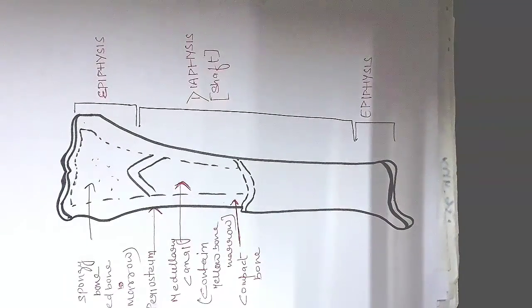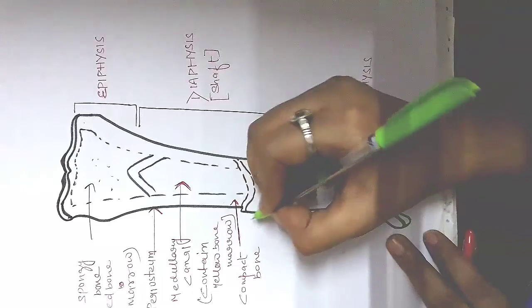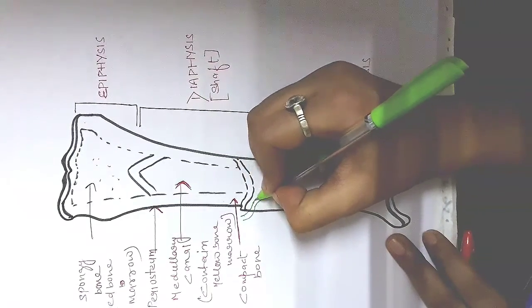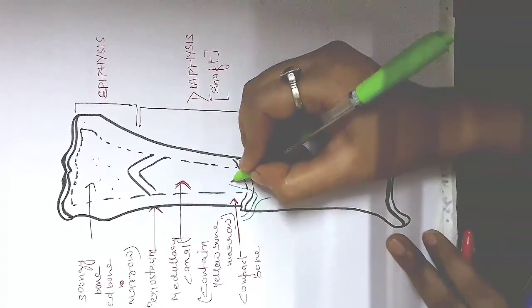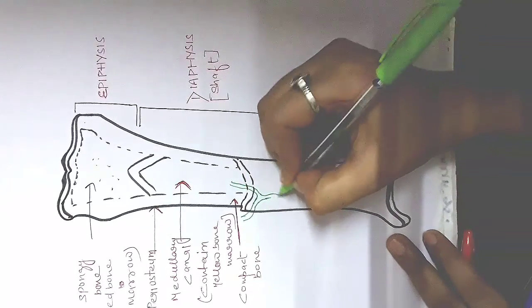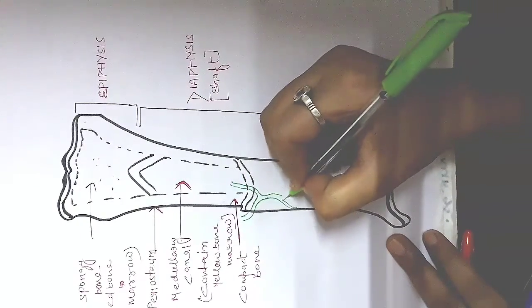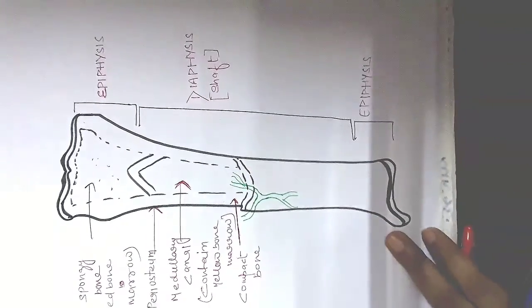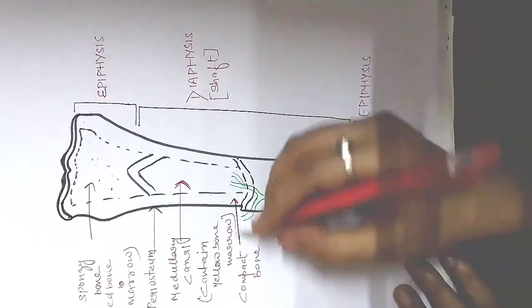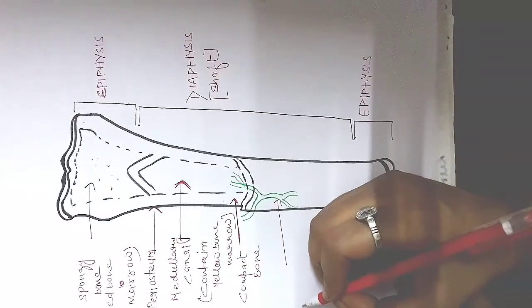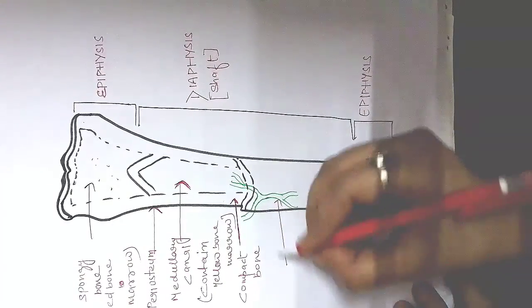Next, here some arteries are present which provide nutrients to the bone for its growth, development, and repair. It is called the nutrient artery in the foramen.